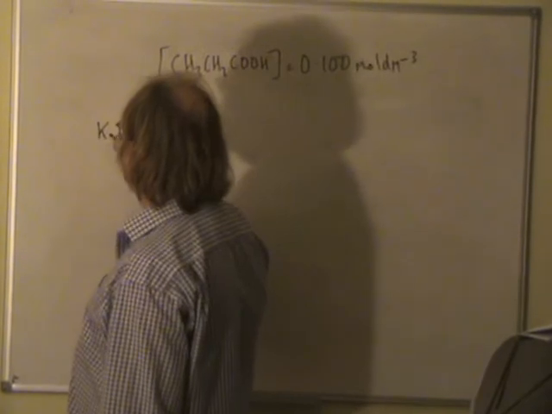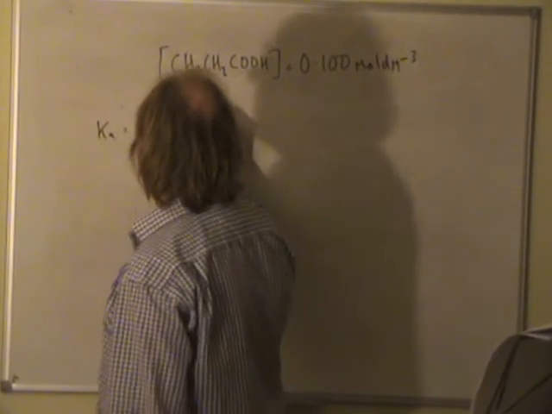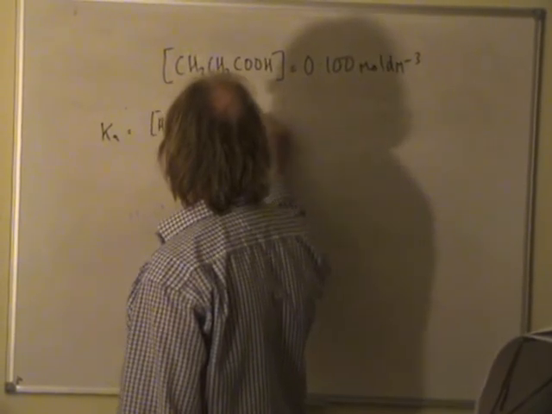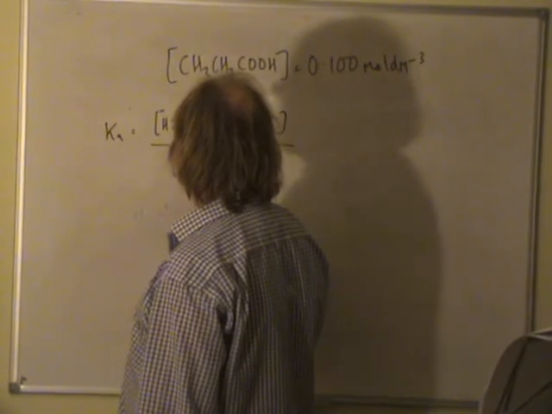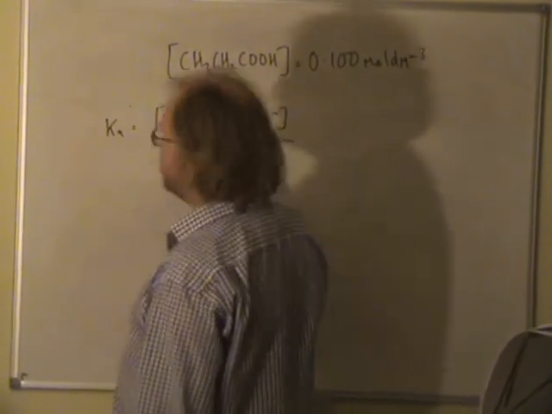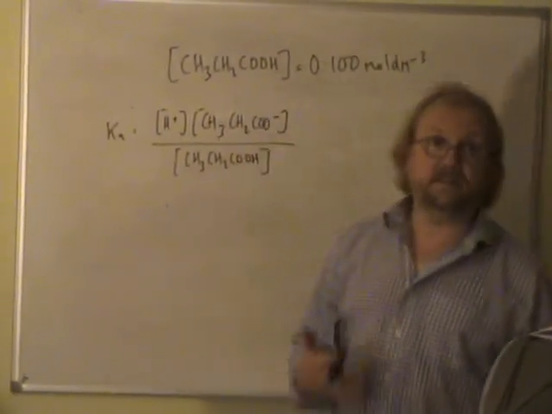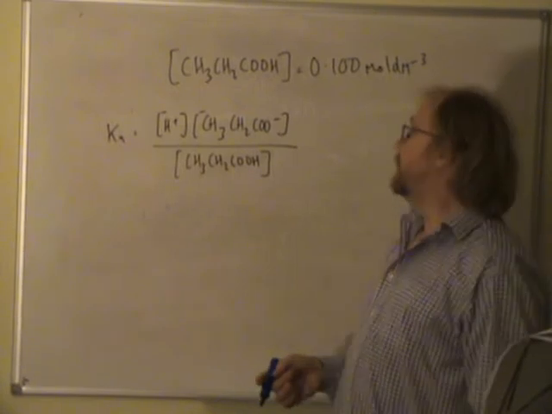In other words, Ka is equal to the H plus concentration times the propanoate concentration, divided by the propanoic acid concentration. In any weak acid question, that definition of Ka is likely to be needed to get you a mark.